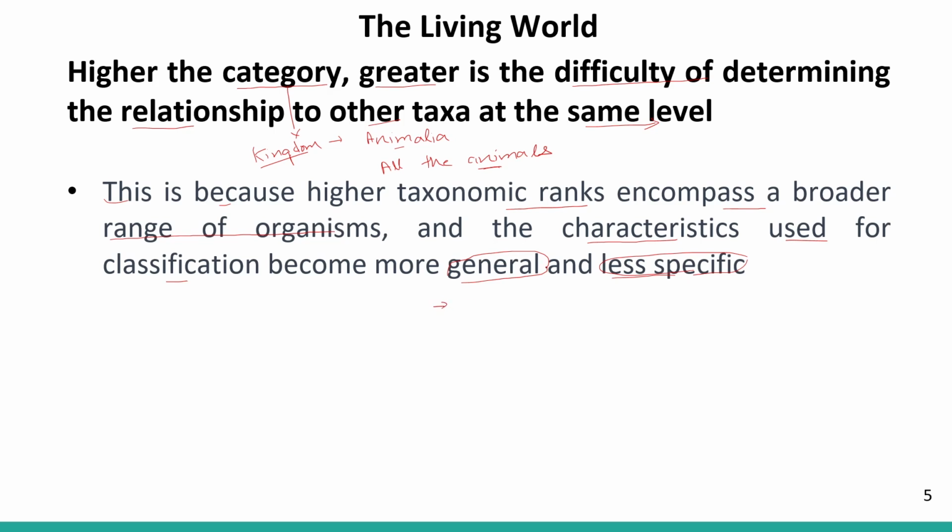For example, let's talk about species, the lowest taxonomic group. Take the example of Panthera leo, which is lion. Panthera is the generic name, and leo is the specific epithet which denotes the species.